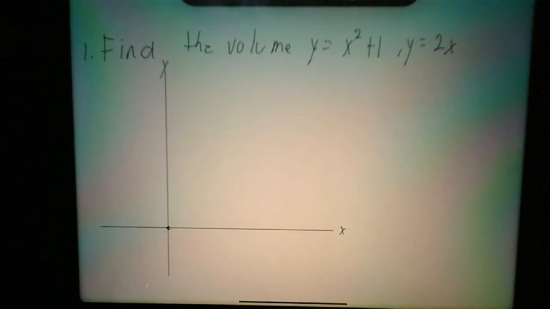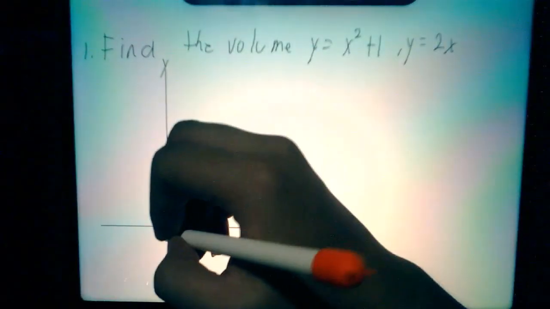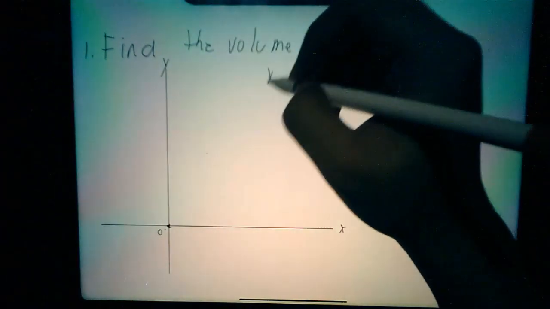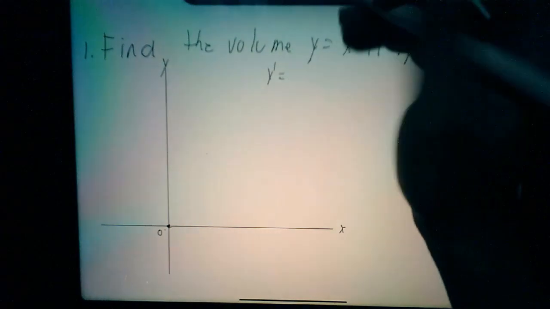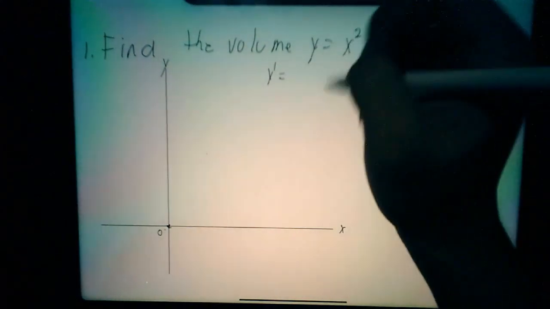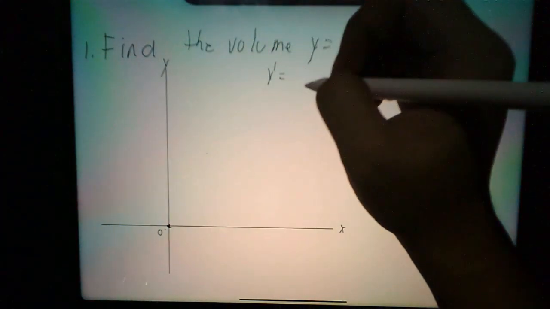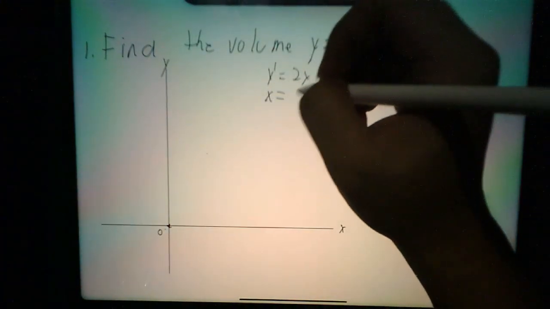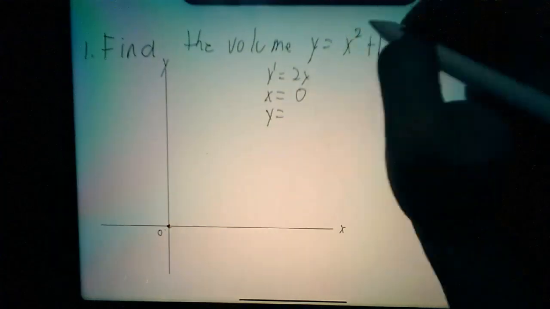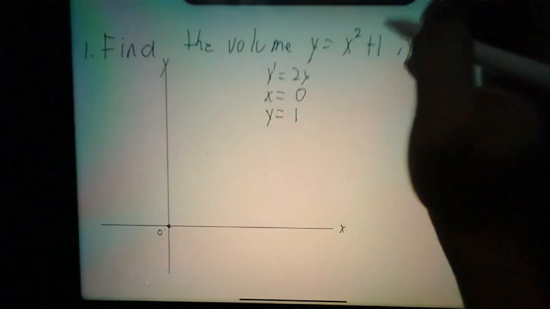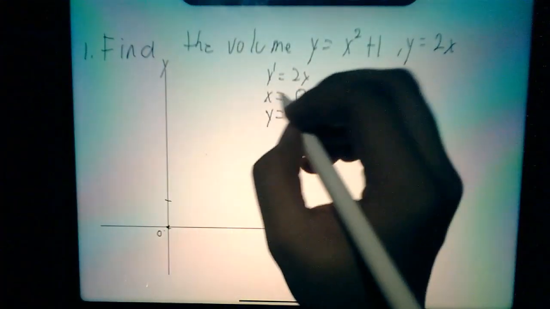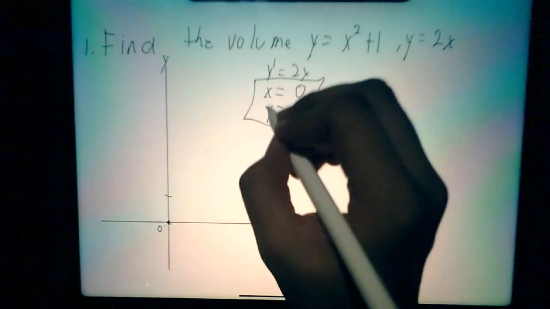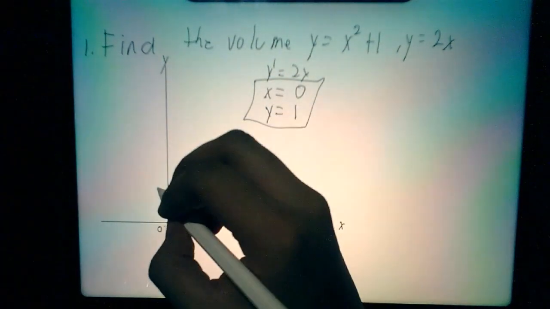So first we need to solve the points of our parabola, which is x squared. The differentiation of that is just equal to 2x. Now let's equate x to 0 and y will become 1. Yes, so 0 and 1. X is 0, the vertex here, and y equals 1.